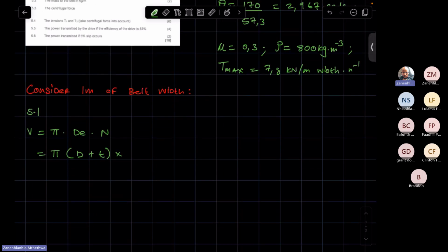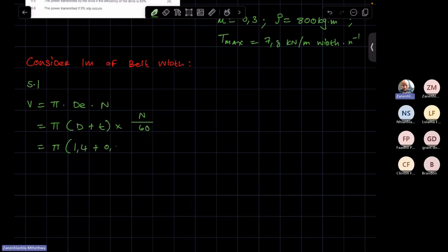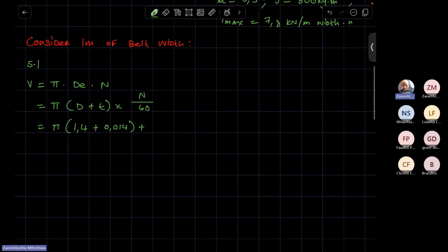So because we are calculating the belt speed in meters per second, we have to convert the rotational frequency from revs per minute to revs per second. Hence, you have to divide by 60. So now you simply substitute. The diameter of the pulley is 1,4. Thickness of the belt is 0,014, plus rotational frequency is 260, so this will be 260 divided by 60.